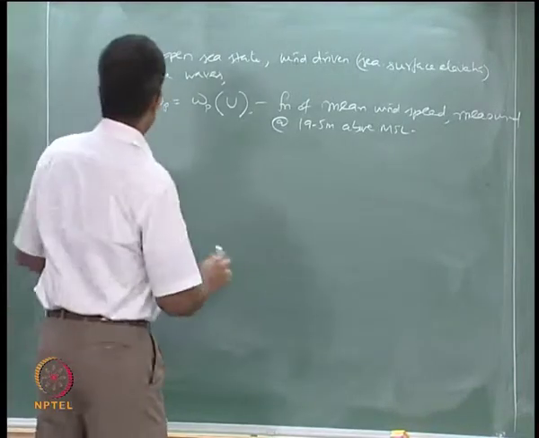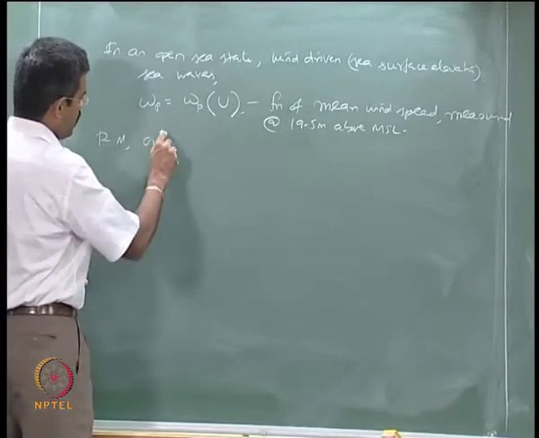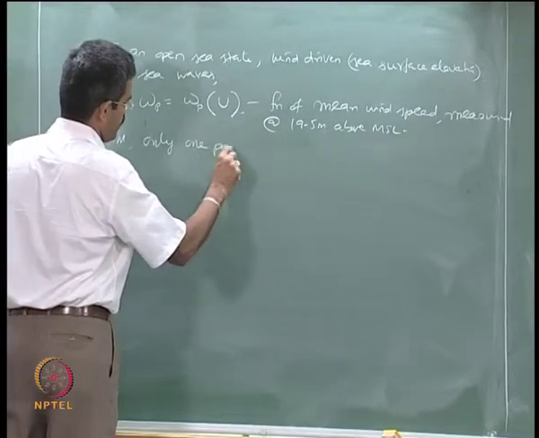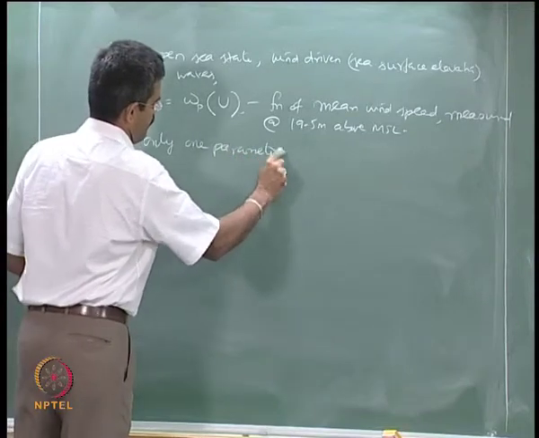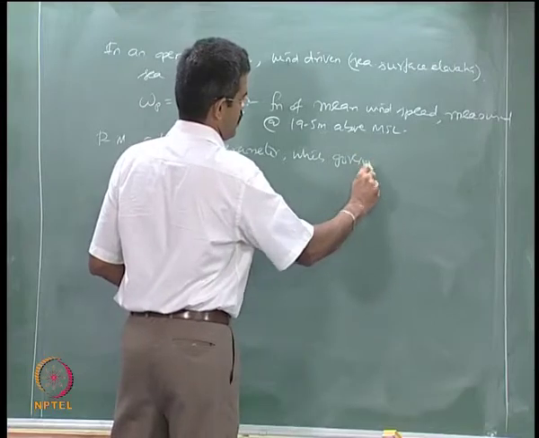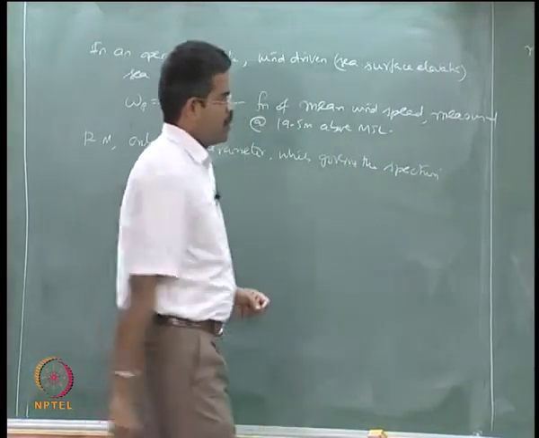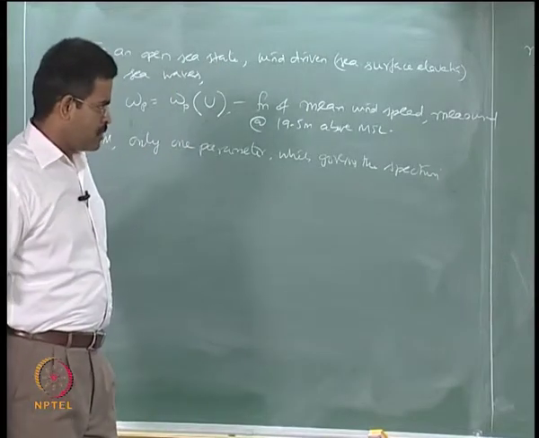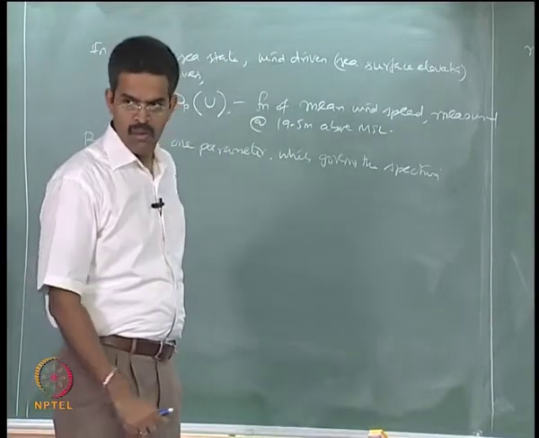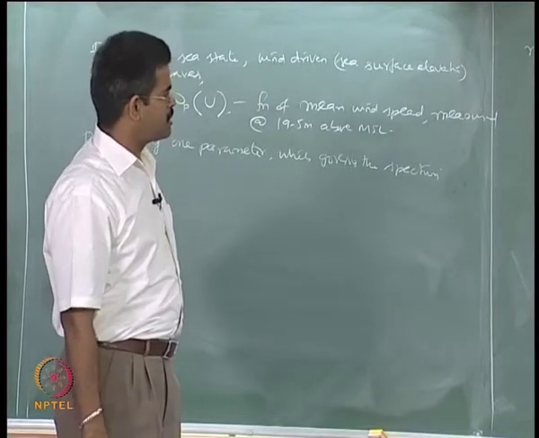You can see here in the conventional PM spectrum there is only one parameter which governs the spectrum, is it not? What is the parameter which is governing the spectrum?